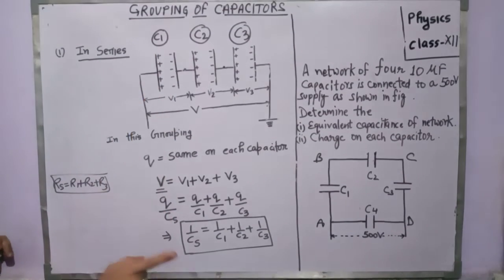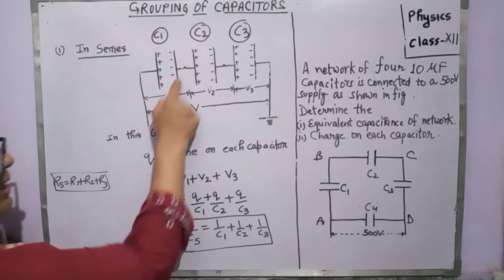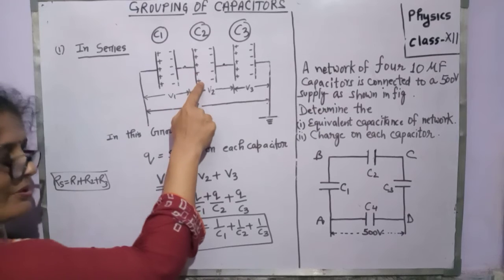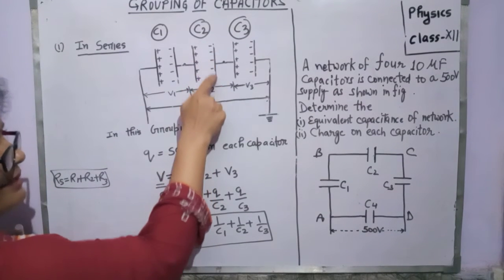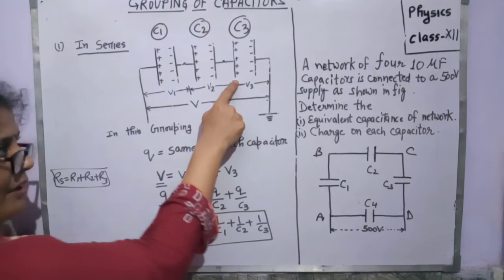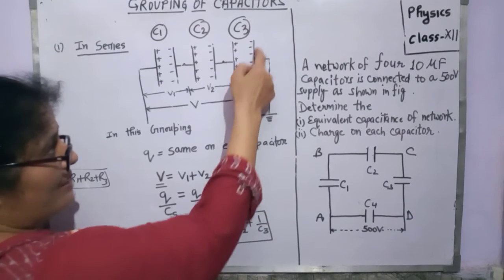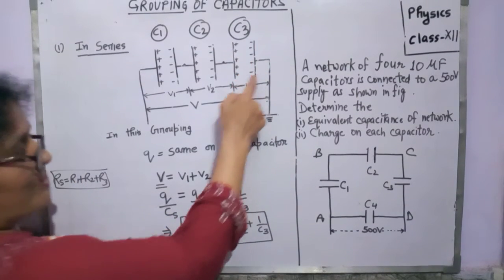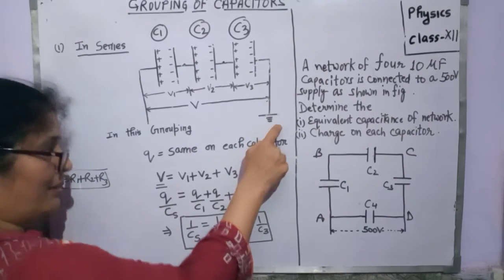Then due to induction, this plate acquires negative charge and this plate acquires positive charge. Now again due to induction, this plate acquires negative charge and this plate acquires positive charge. Now again induction, this plate acquires negative charge and its further part acquires positive charge, which is earth. This positive charge goes into the earth.